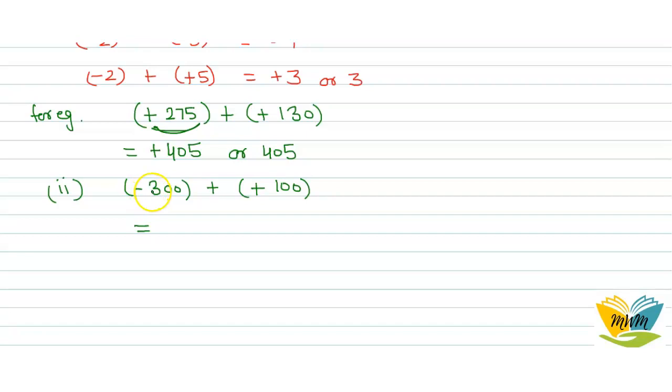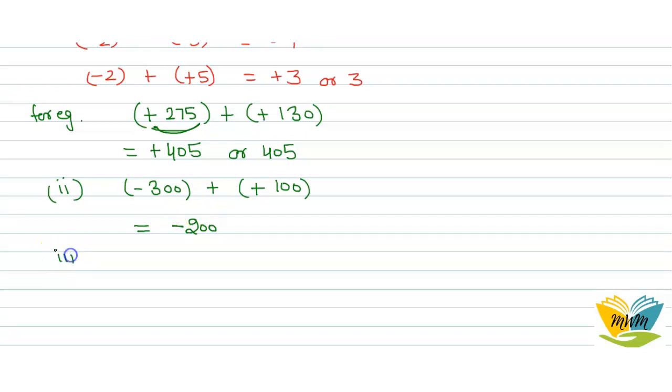That means minus 300 and plus 100. 300 is of negative symbol and 100 is of positive symbol. Plus and minus means minus. That means we will subtract these two numbers and get 200, but the greater number is of negative symbol. So we will put minus. So our answer is minus 200.